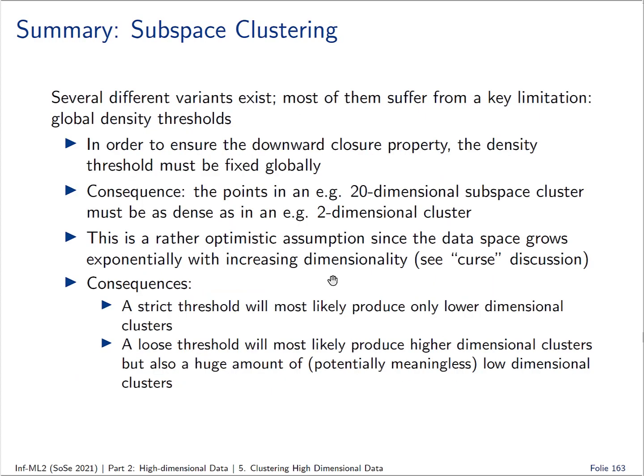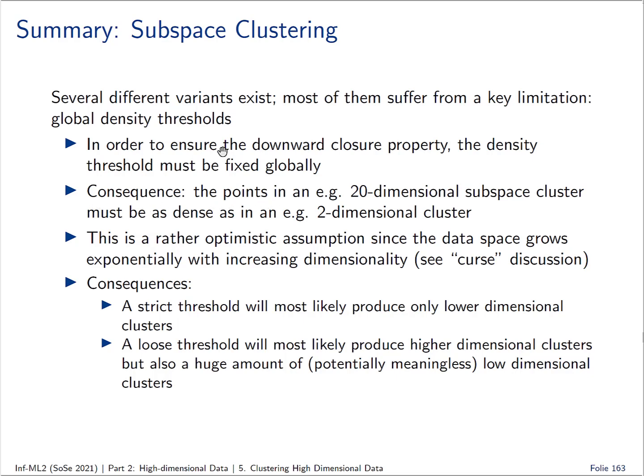Short summary on this part here, subspace clustering. So we got to know several different variants, and there are many, many more. Most of them suffer from a key limitation, which is global density thresholds. That is just because in order to ensure the downward closure property, which again enables us to search for those density-based or whatever subspace clusters in a bottom-up, Apriori-like way.